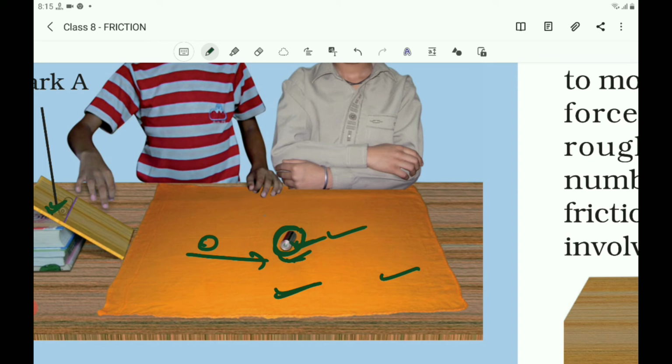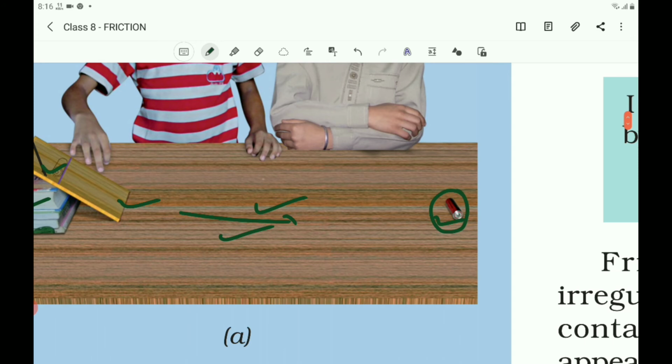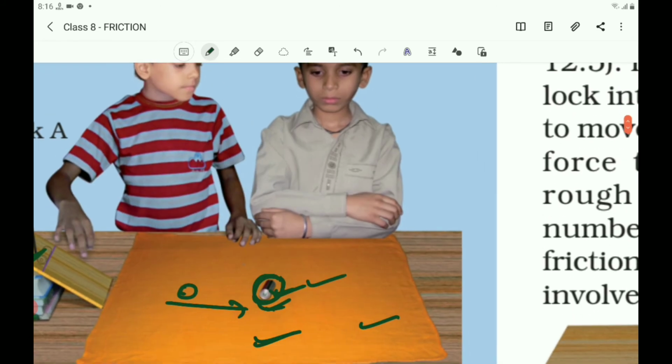On a rough surface, there are a larger number of irregularities, so the force of friction is greater. In the case of sand, there is a large number of irregularities. But in the case of the table without cloth and sand, there are fewer irregularities. So on the rough surface, the force of friction is greater.